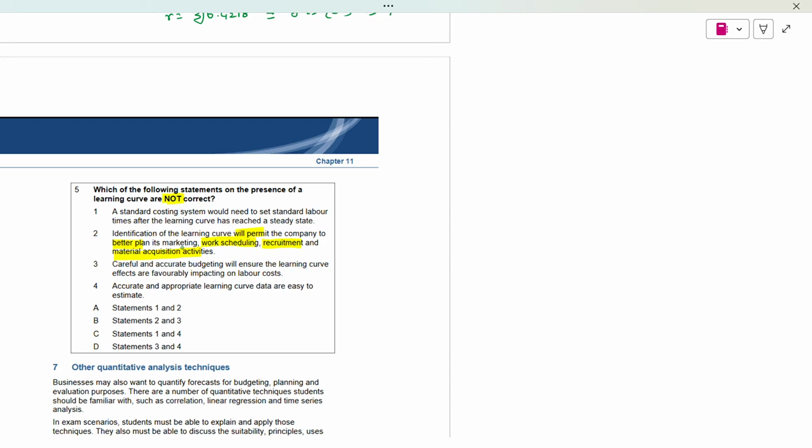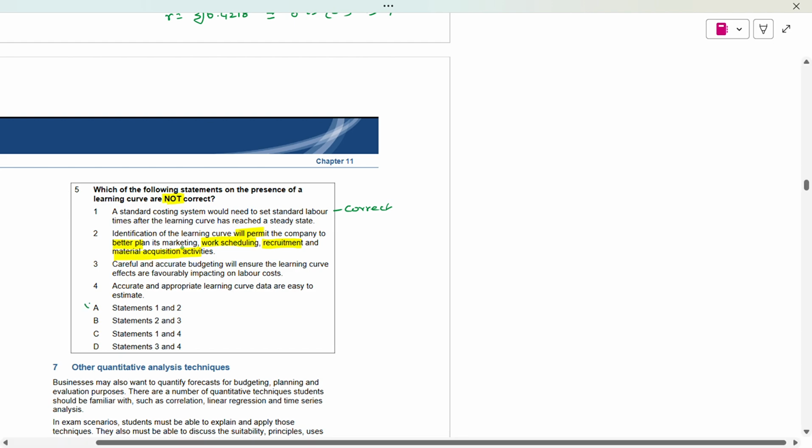Standard costing system would need to set standard labor times after the learning curve has been reached, a steady state. What is correct? Identification of a learning curve will permit the company to better plan its marketing and work schedule, recruitment and material acquisition.